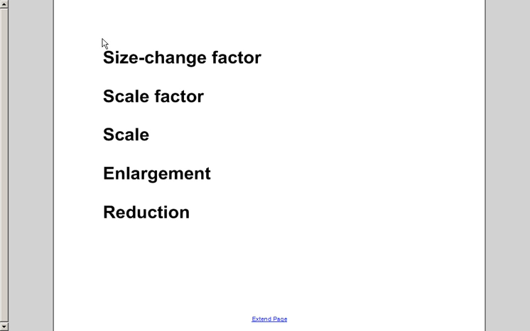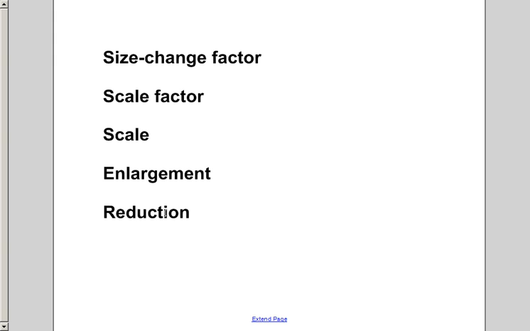As we look at our vocab words for the day, size change factor, and scale all have to do with changing an object's size. We would either end up with an enlargement of the original object, so obviously larger, there's the word large, or a reduction, a smaller object, because it's been reduced.